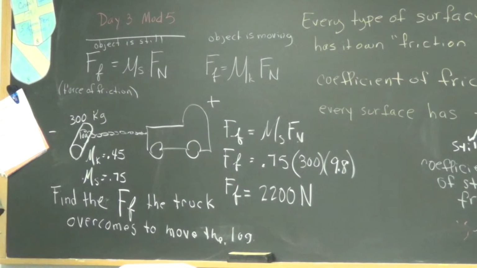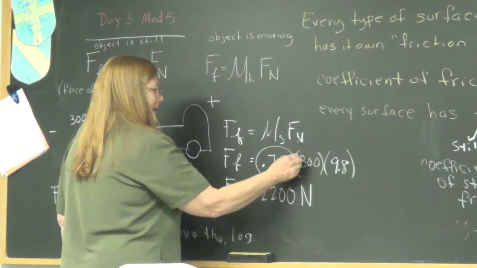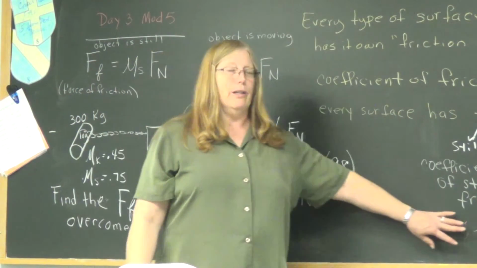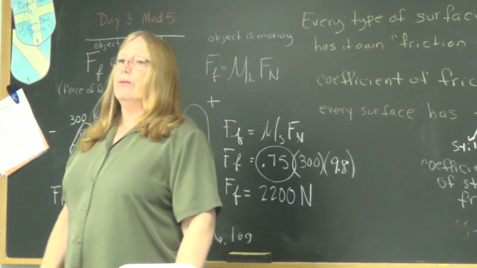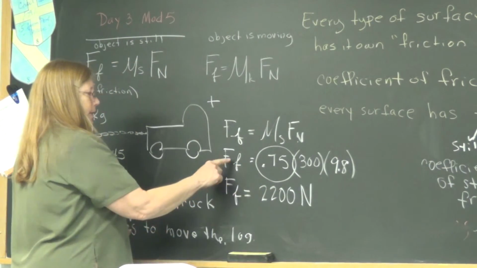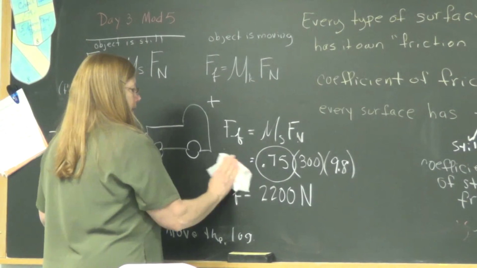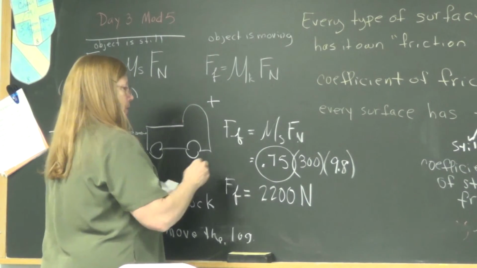Before we do another one, let's talk about what the unit would be. I taught mu sub s and mu sub k, but I didn't tell you their unit. Can you look at the value? Now that we have this answer, we know that force of friction is 2200 newtons.